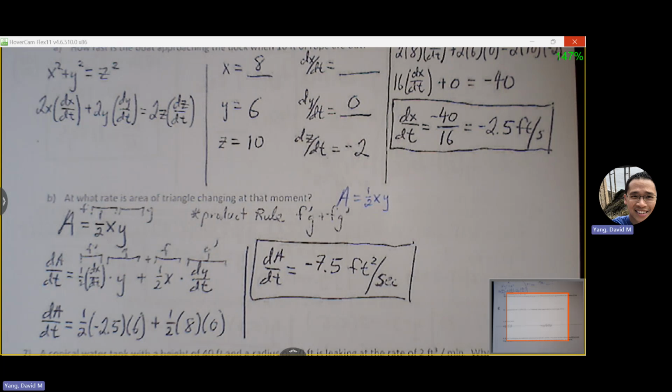Okay, so we're gonna do a cone problem every day. So let's try number 7, see if we can get that whole setup.